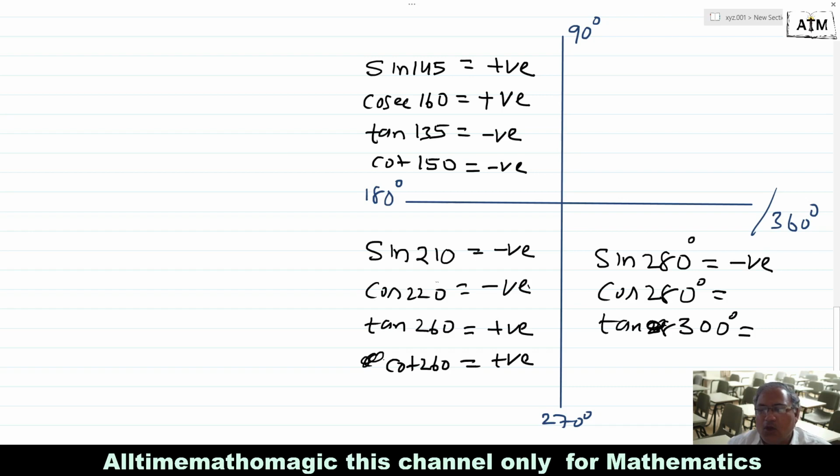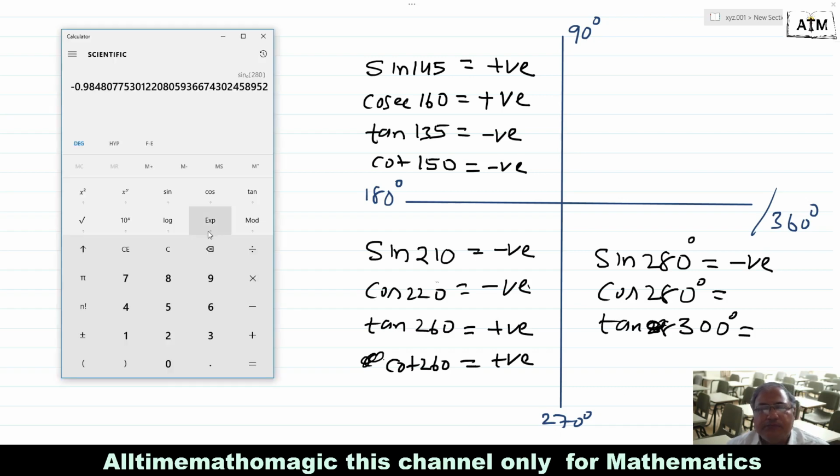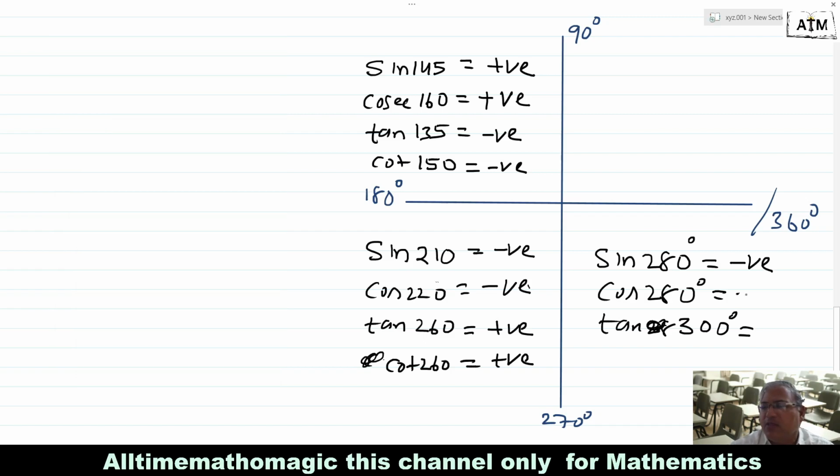Now go for cos 280 degrees. Cos 280 is positive, because the cos function is positive in the fourth quadrant. Therefore cos 280 degrees is positive.